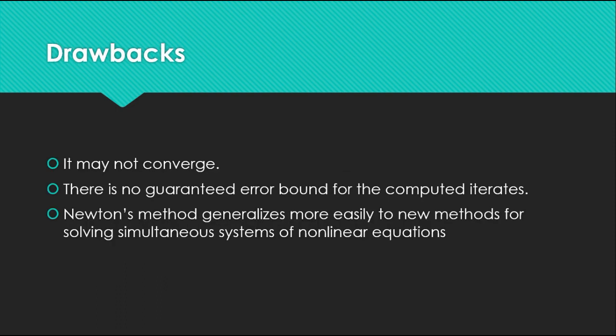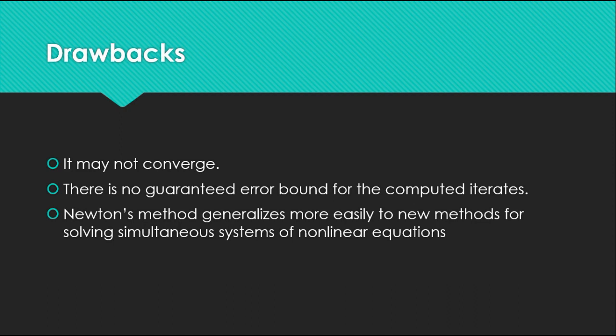Now the drawbacks. It may not converge. By performing the iteration, how do you know that the secant method is diverging? As you have fixed your interval where the root of the function lies, if the approximate values of the root jump out of that interval, stop there because the system is diverging.